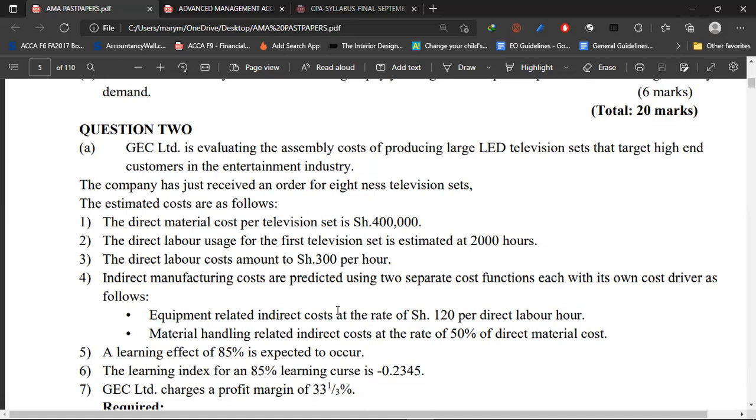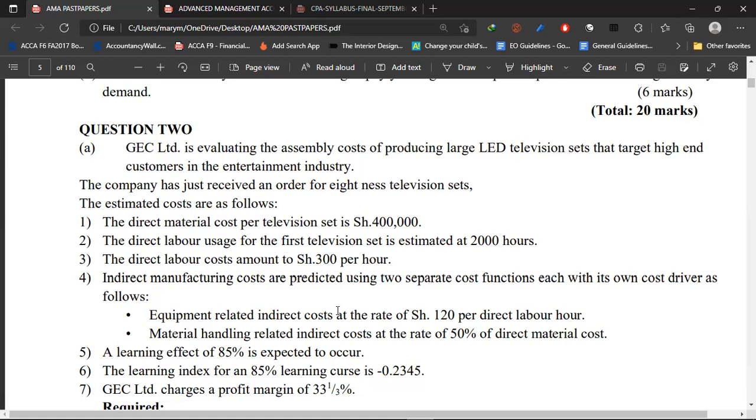A learning effect of 85% is expected to occur. The learning index for an 85% learning curve is negative 0.2345. Jack Limited charges a profit margin of 33 and 3/4% required. The invoice price for the 8th television set.